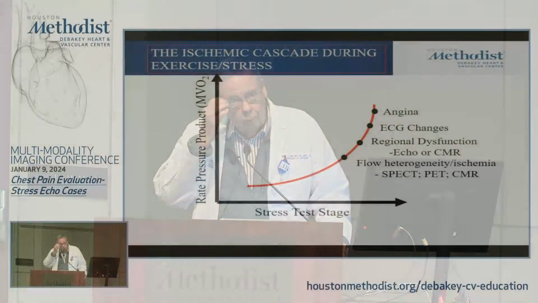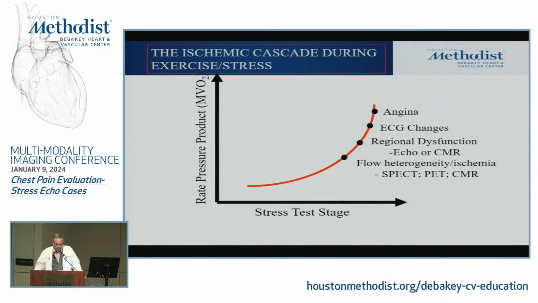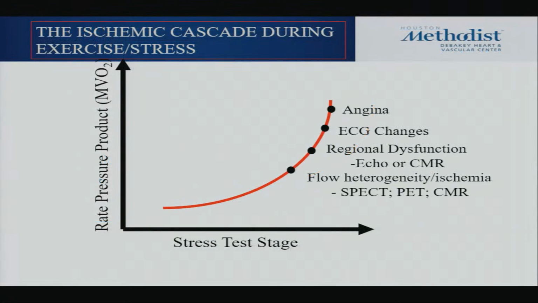So the principle of any stress test is that as the heart becomes ischemic, several things happen. If the ischemia is due to an obstructed coronary artery that is affecting blood flow, then the first thing you're going to see as stress proceeds is a heterogeneity of flow.